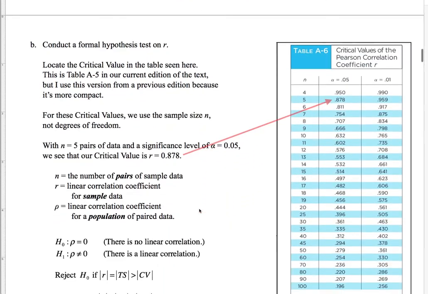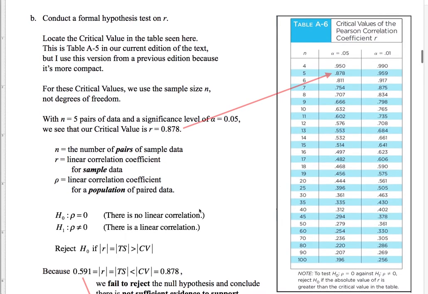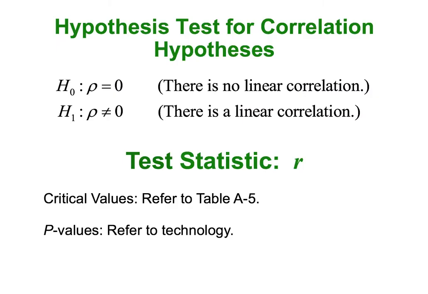Now we're asked to conduct a formal hypothesis test. Well, the hypothesis test for linear correlation is always the same, and it is that rho is equal to 0, which means there's no linear correlation. Now, rho is very seldom equal to 0, but that's what we use for the null hypothesis.